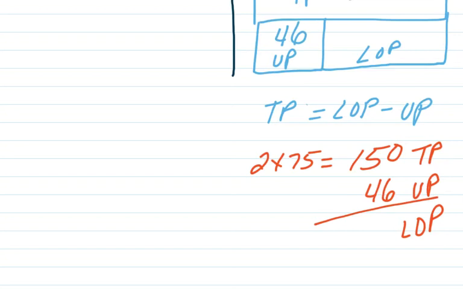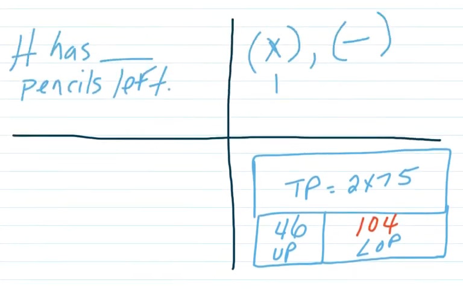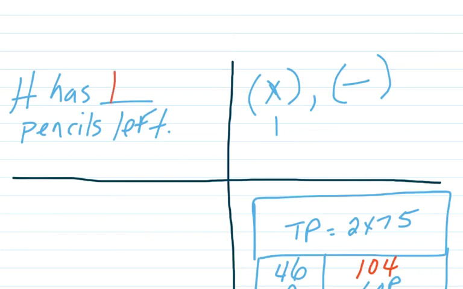So I can't take 6 from nothing, so I'm going to regroup here. That's going to be a 4 now. Now this is a 10. Make sure I box it. That's 4, 0, 104. So he has 104 leftover pencils. So right here, I'm going to put 104. He has 104 pencils left.